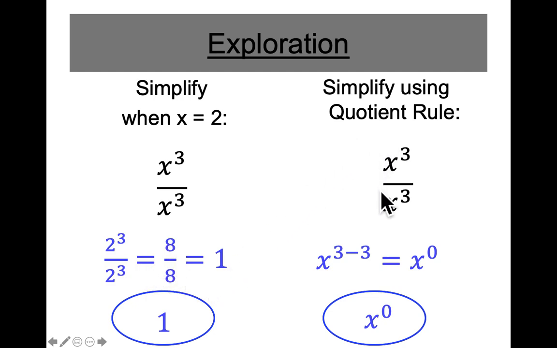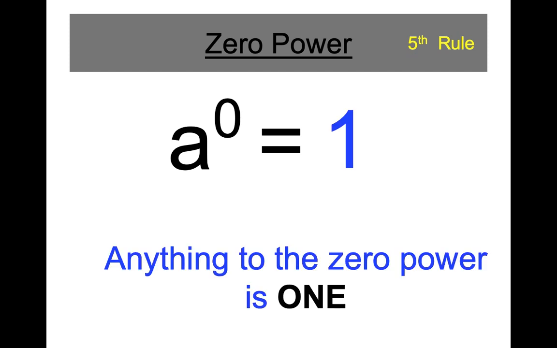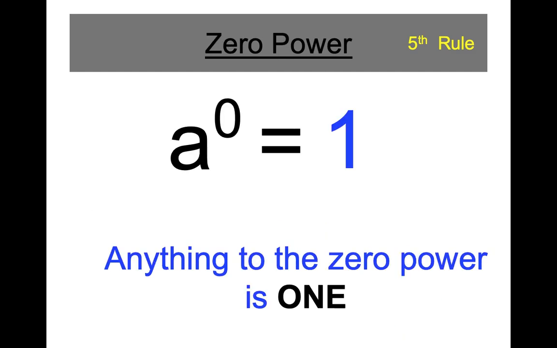If we use the quotient rule, then what we find is that we take 3 minus 3, so we did x to the 3 minus 3, and we got x to the 0. So since these expressions that we started with were the same, then it's logical to say that x to the 0 equals 1. So that's our rule. So your zero exponent rule is that a to the 0 is equal to 1.